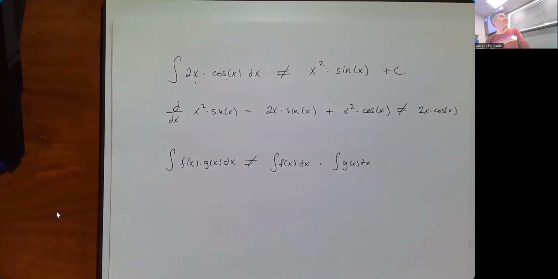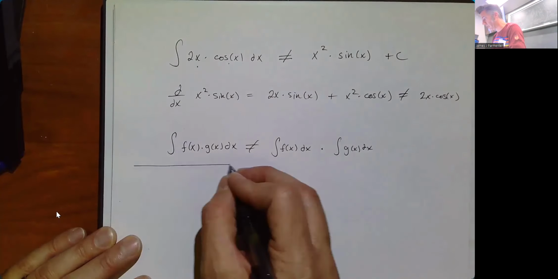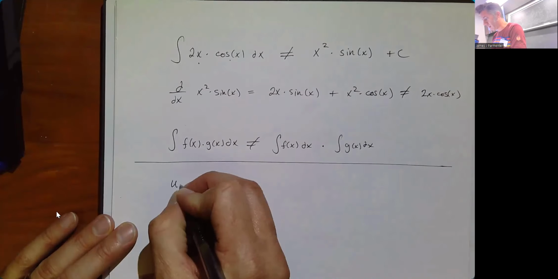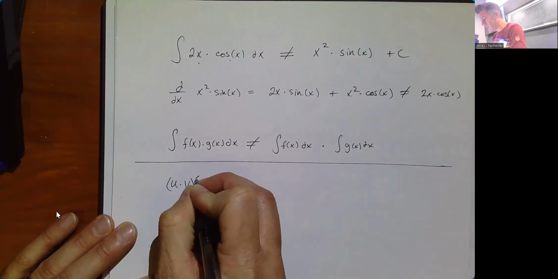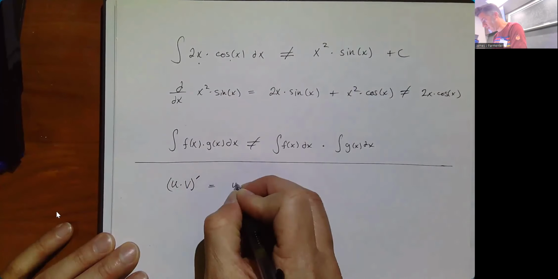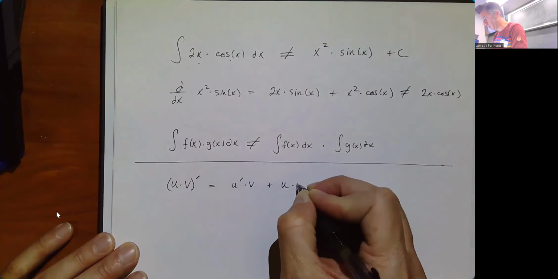And I don't think I have time today to really delve into explaining the entire integration by parts, how it's derived. I kind of want to, but I shouldn't. So I'll tell you, here's the idea. No, I can't not. I'm gonna say it real quick. So product rule. If you take the derivative of u times v, you get the derivative of u times v plus u times the derivative of v.